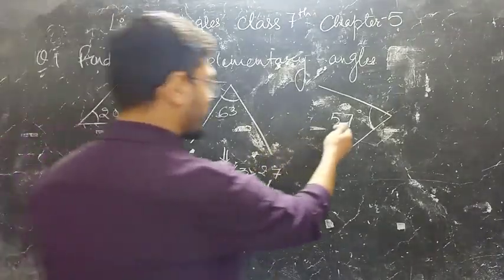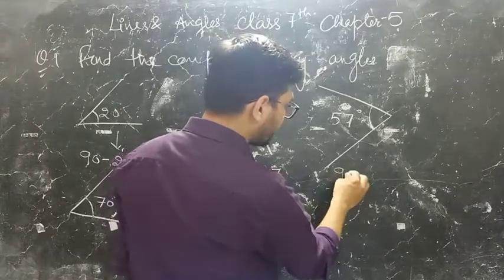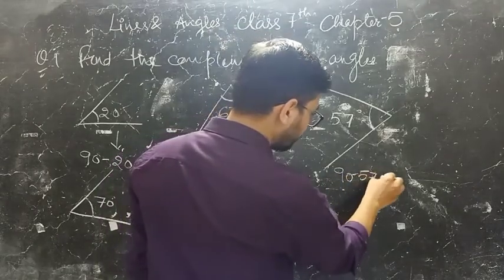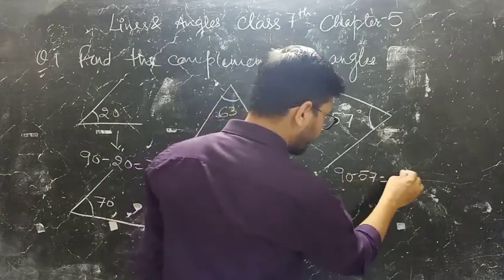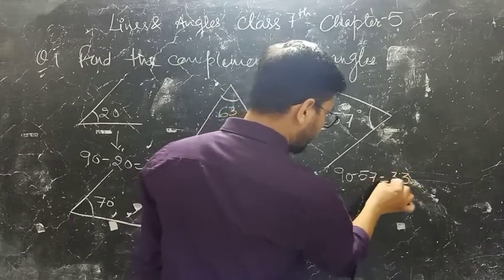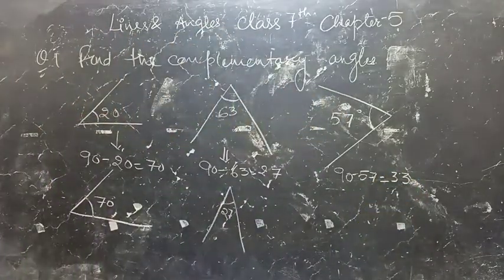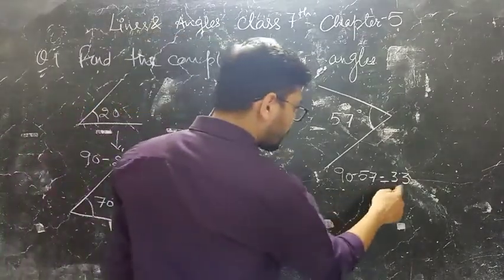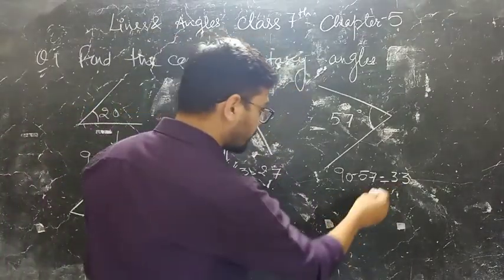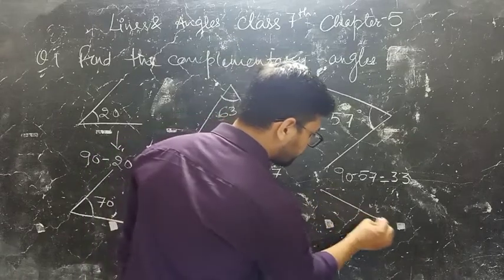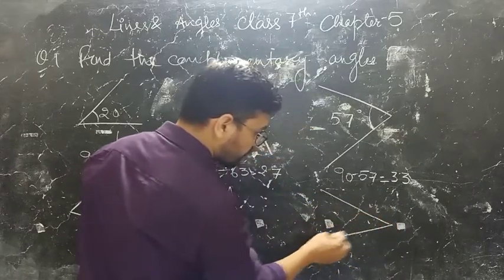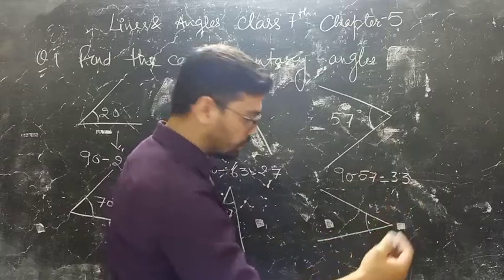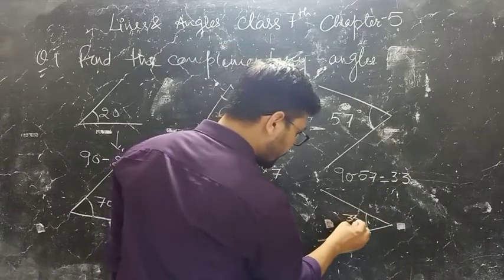Similarly, for 57, you can write 90 minus 57 is equal to 33. So 33 is the complementary angle. You can draw it somewhat closer to 30, so this is 33 degrees.